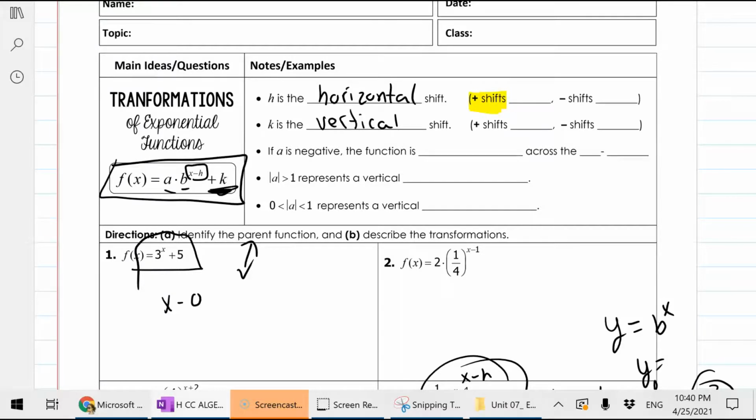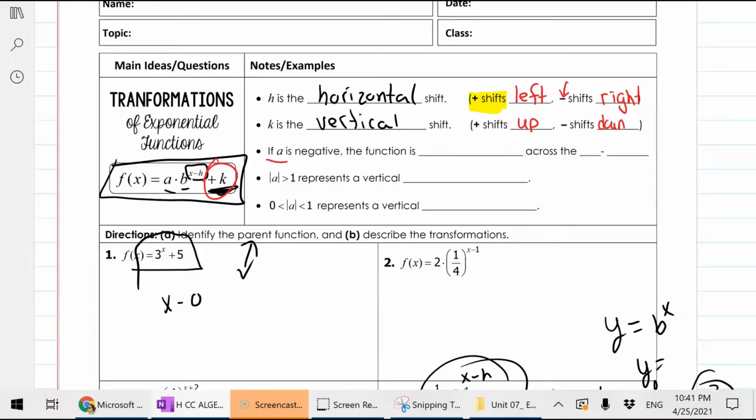If it says minus, like this, the minus is going to shift to the right. If it's a plus one, it's going to shift to the left. If you have the vertical and it's a positive k, it's going to go up. If you have a negative k, it's going to go down.